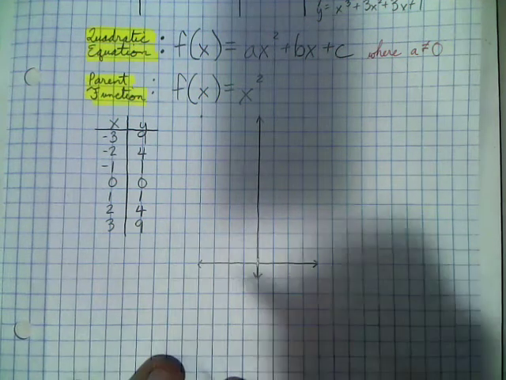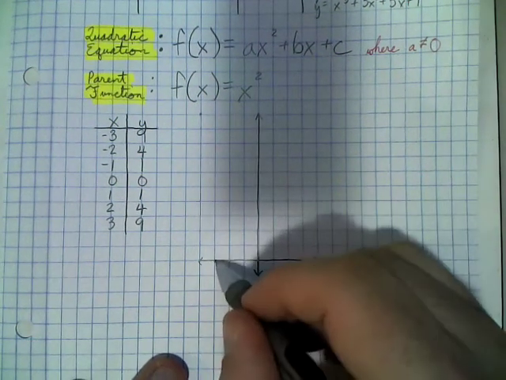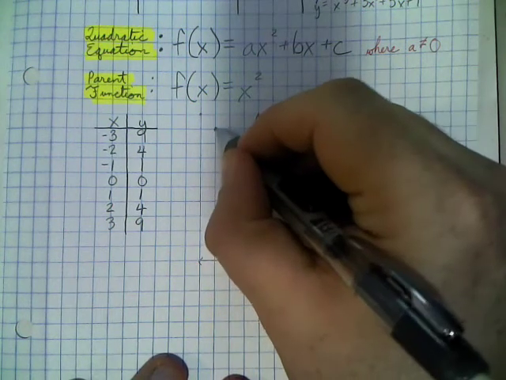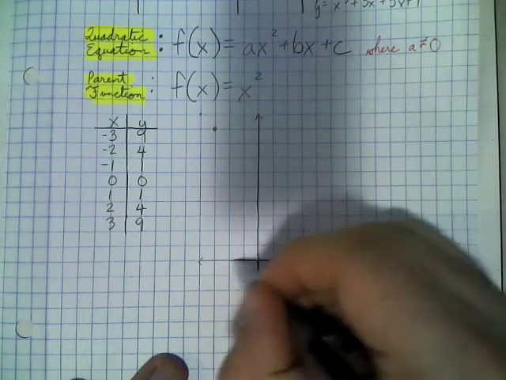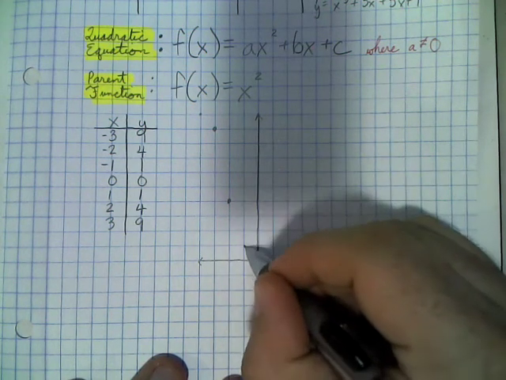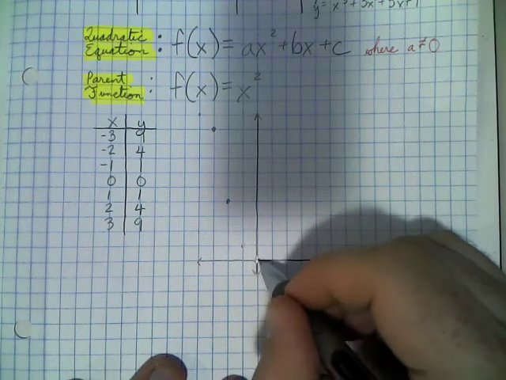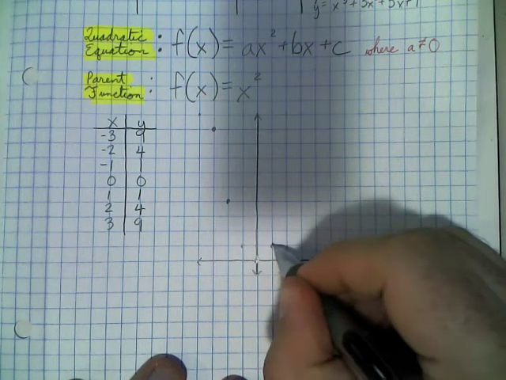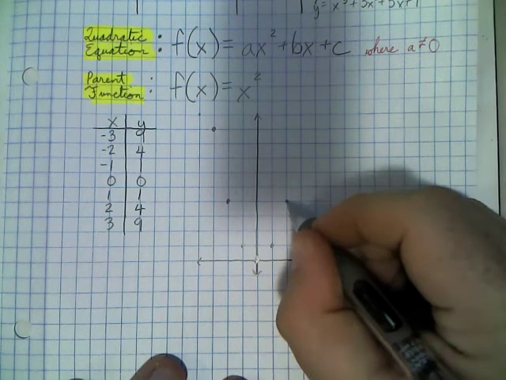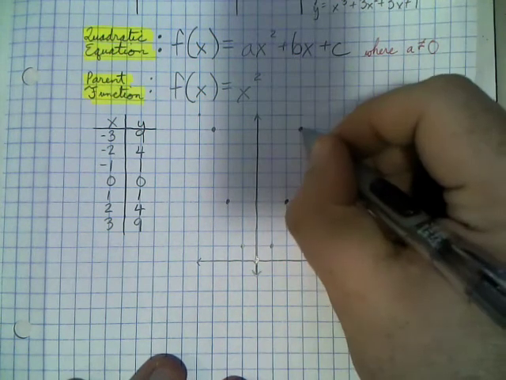Now, from here, let's plot our points. So we have a -3, 9. I have a -2, 4. A -1, 1. 0, 0. 1, 1. 2, 4. And then 3, 9.